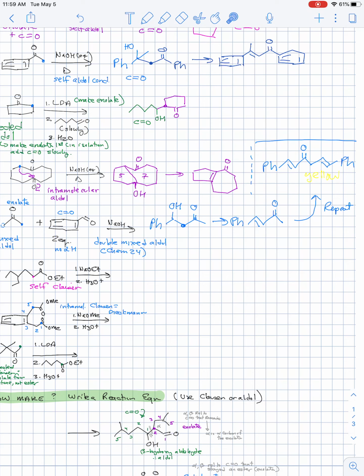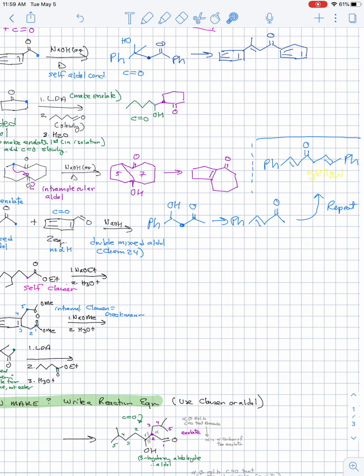So we will now, for the moment, leave the realm of the aldol condensation and move on to the Claisen condensation. Most of the reactions in this chapter are what we call name reactions, which means they're named after a person. So Claisen, Michael, Stork enamine, all of those are people's names.